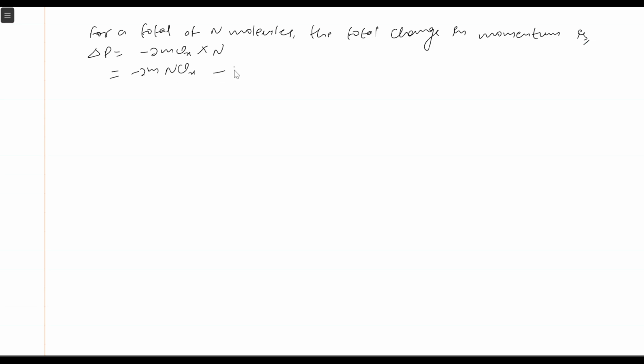Let's consider this to be equation number 3. I hope this is very simple till this point.